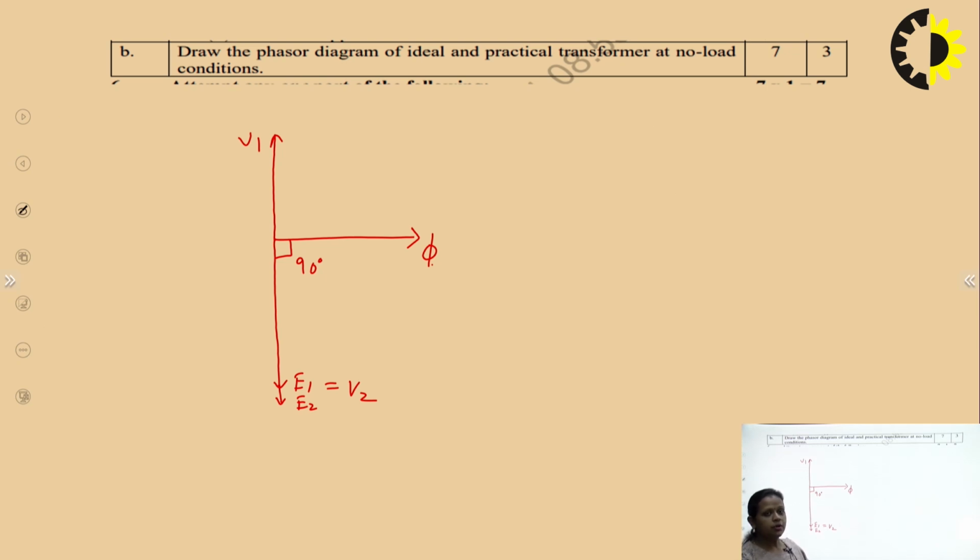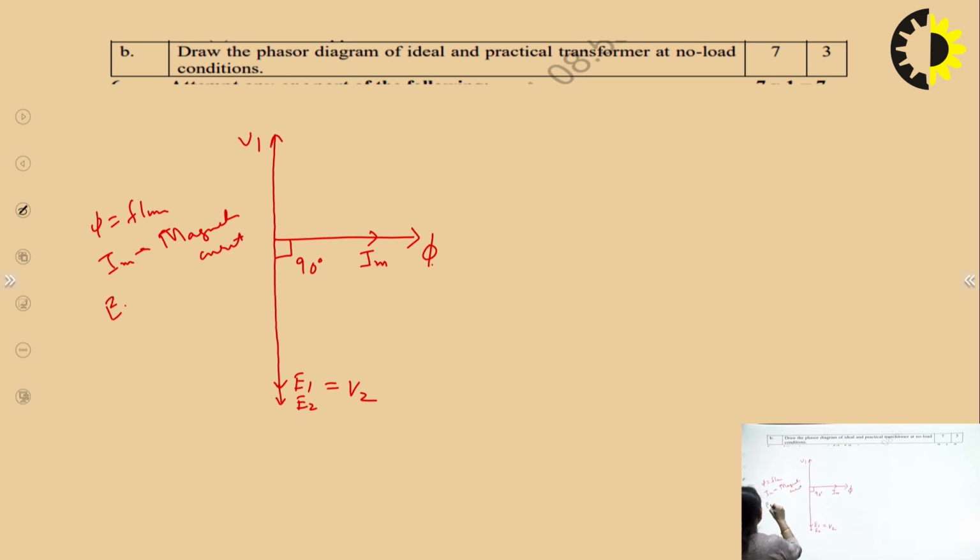Or we can say that because of phi, this Im is produced, so phi and Im will be in the same phase. So you will draw Im in the same phase as phi, right? So this is the complete phasor diagram for the ideal transformer, where phi is the flux and Im is the magnetizing current, right?